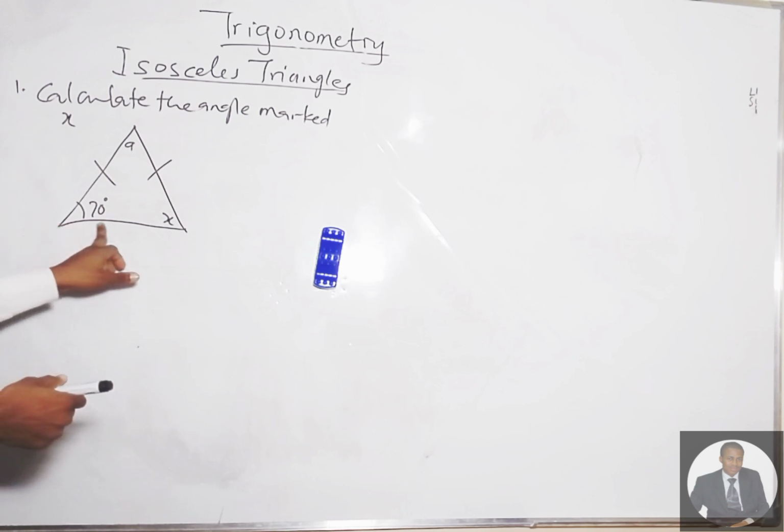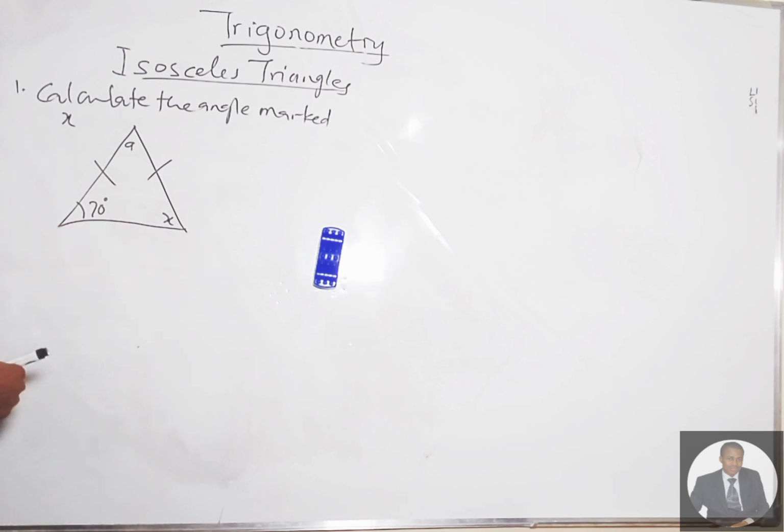The base angles of an isosceles triangle are equal. So x automatically gives us 70 degrees. Since one of the angles on the base is 70, and this is an isosceles triangle, these two sides are equal, so these two angles will be equal.